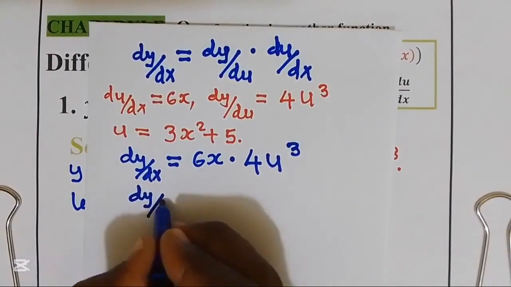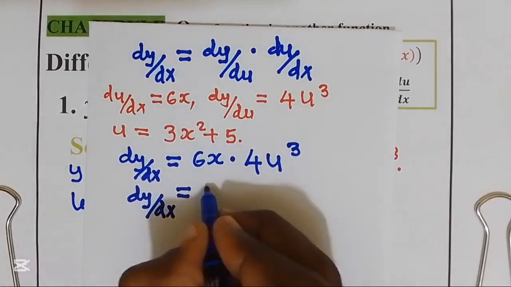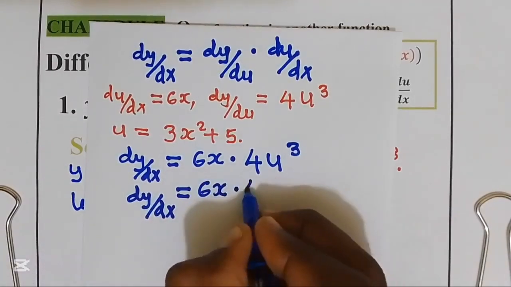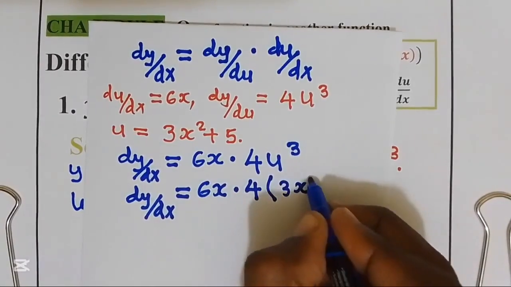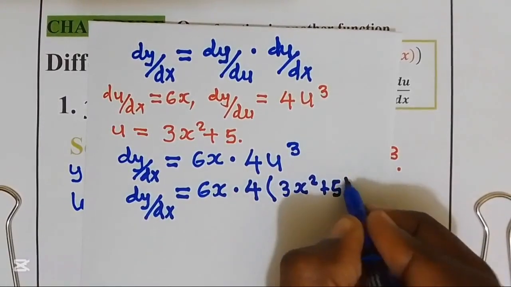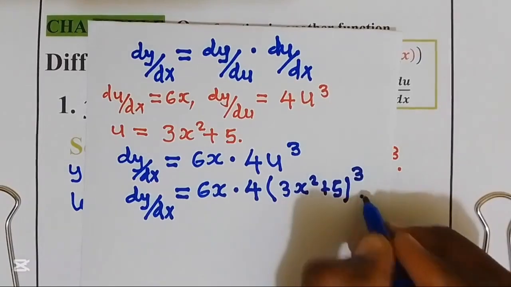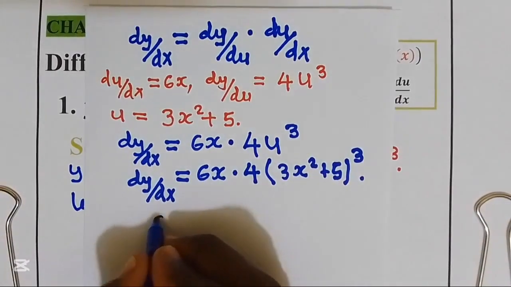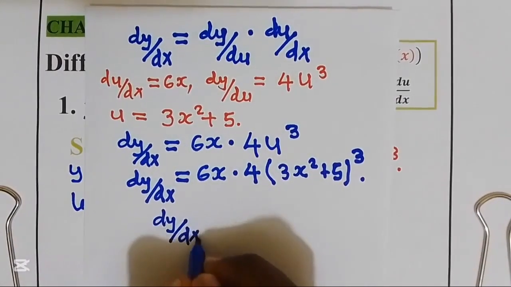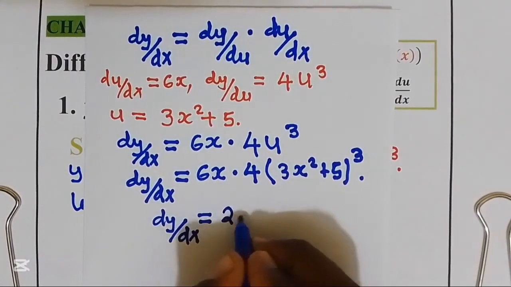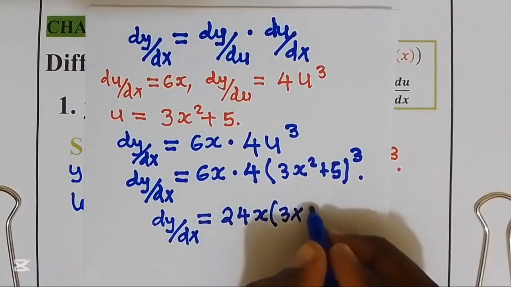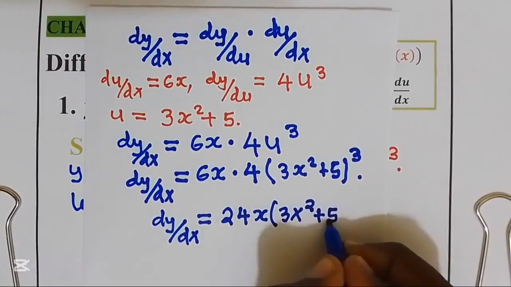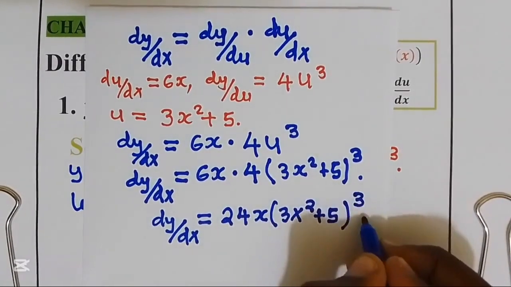So dy over dx is equal to 6x multiplied by 4, (3x squared plus 5) power 3. Therefore, dy over dx is equal to 24x (3x squared plus 5) power 3.